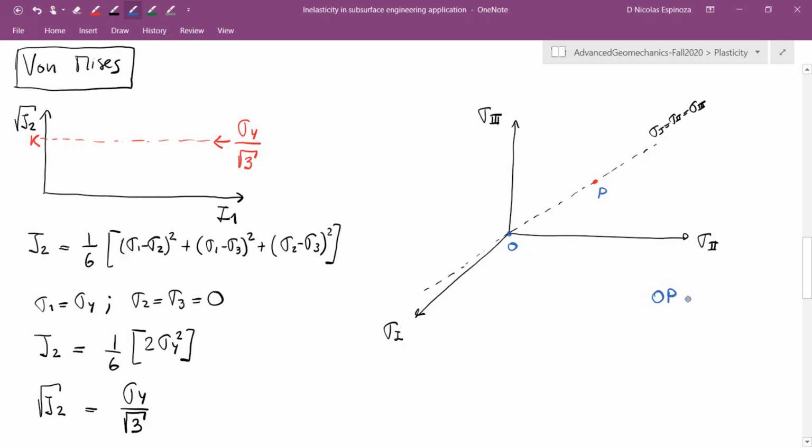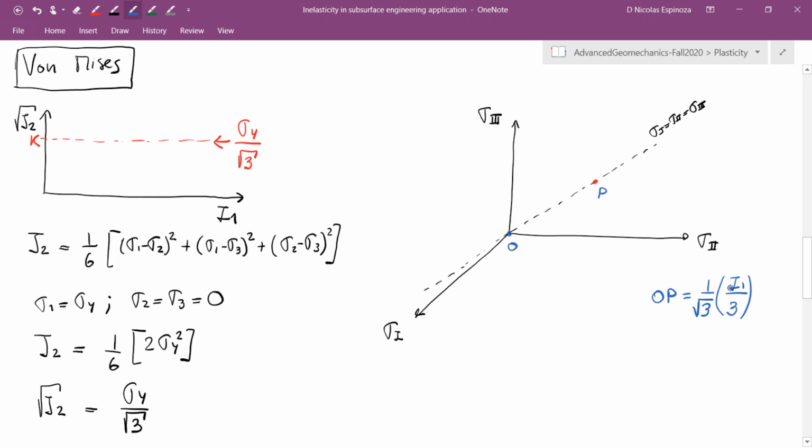And you can do some geometry and find out that OP is going to be 1 over square root of 3 times first invariant divided by 3. So the stress invariant tells you where you are along this line, the first stress invariant.